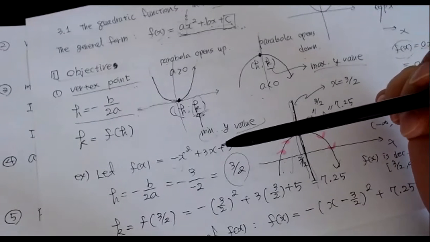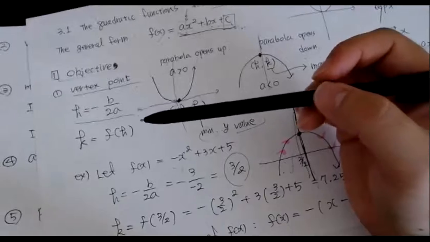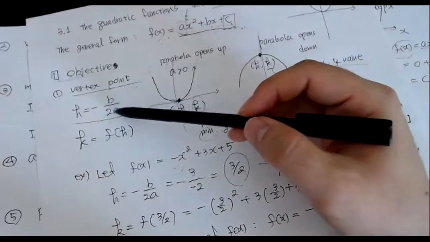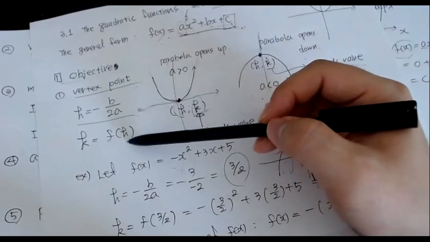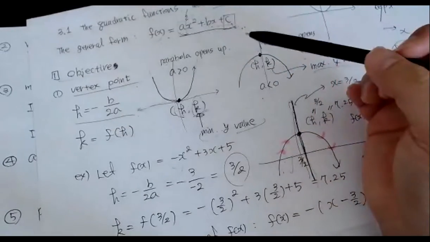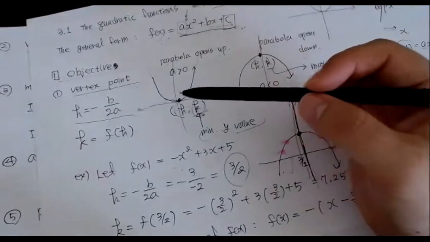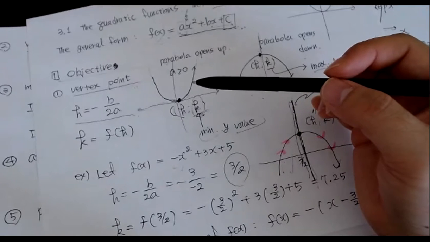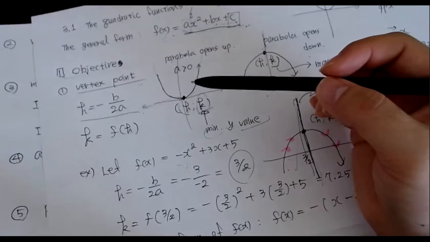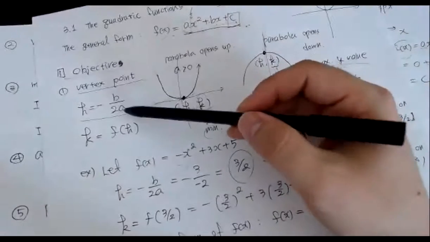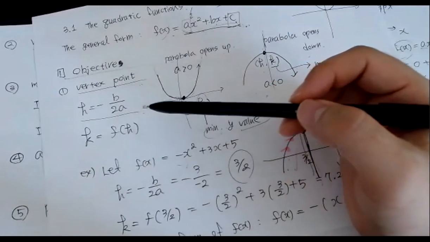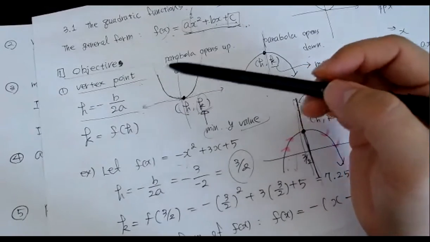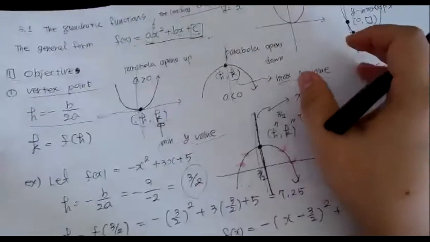You have to make sure you get the right vertex point. If the problem asks you to find the vertex point, vertex form, axis of symmetry, where it is increasing and decreasing, and the maximum or minimum value, and you get the vertex point wrong, you're going to get the other sub-questions wrong. Just keep this in mind.